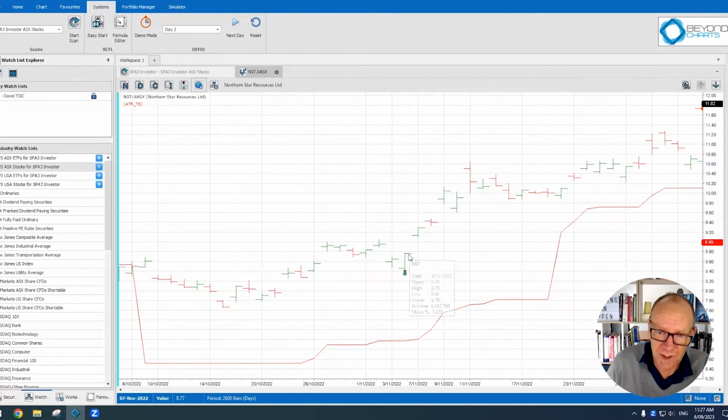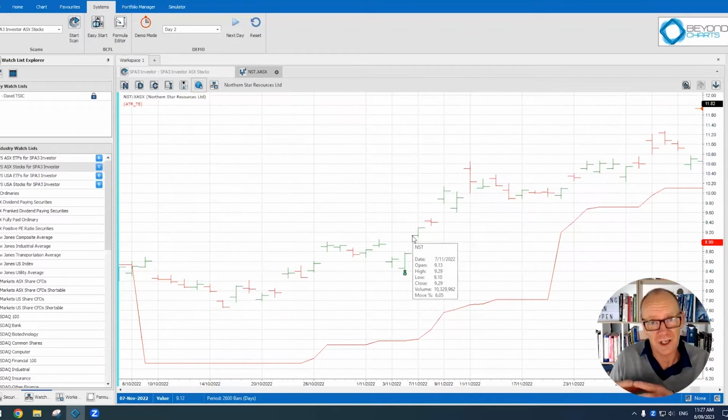So this range between the close here and the open of the next day, it's using that in the calculation as well. That's what's called the average true range. It's averaged over 21 days, so it's adding all those trading ranges together and dividing by 21, and it gives us what's called an average true range.